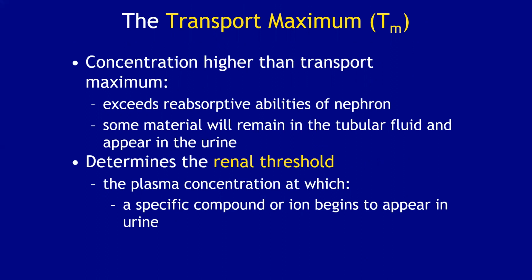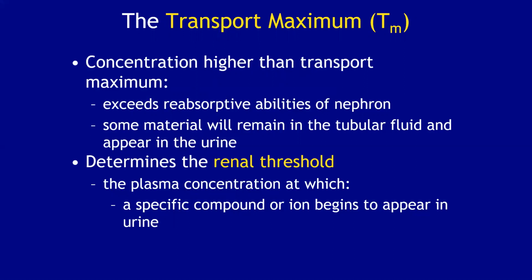Another concept that we have to think about is called the transport maximum. So if you have a concentration that is higher than the transport maximum, then it exceeds the resorptive abilities of the nephron. Think glucose. You can't kick it all out and put it back into your body.